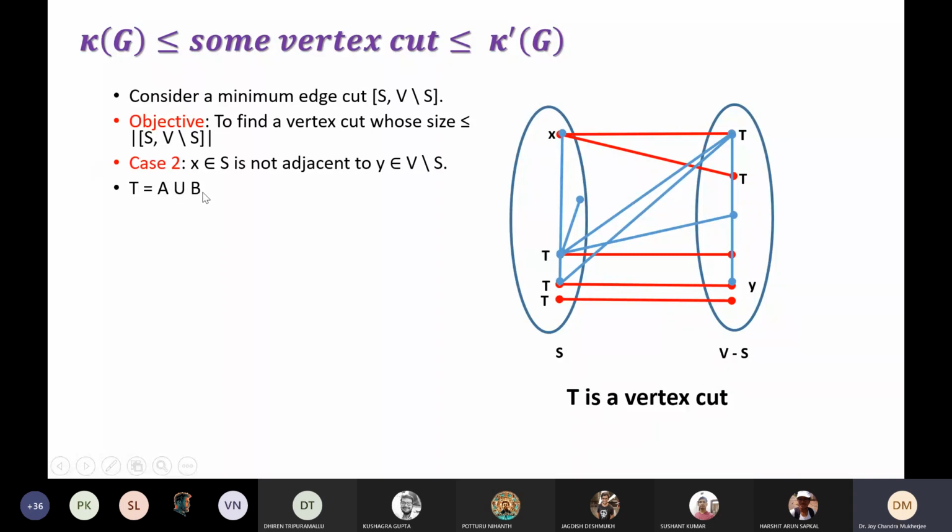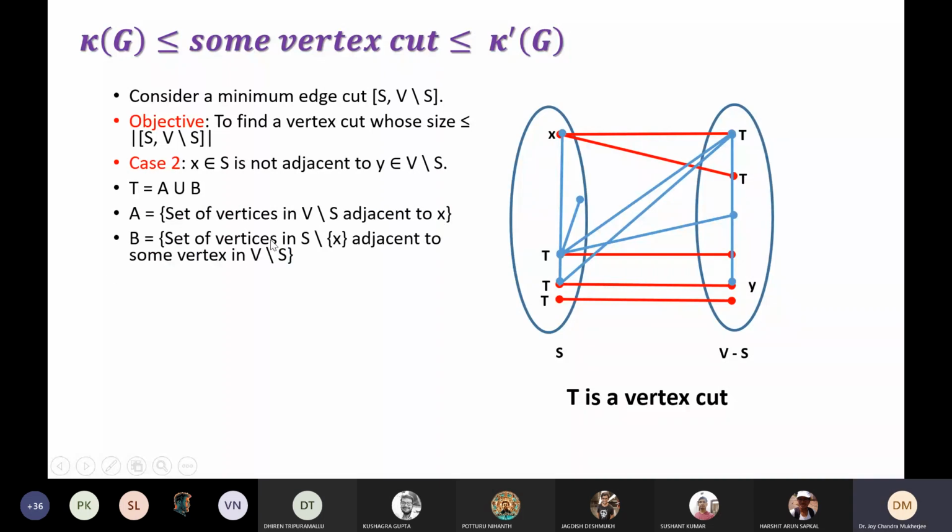A union B, where A is taken from V minus S and the set of vertices B will be taken from S. So what is A? A is the set of vertices in V minus S which are adjacent to X. So these two vertices belong to A. And what is B? B is the set of vertices in S minus X. So amongst the vertices other than X, the set of vertices in S minus X which are adjacent to some vertex in V minus S.